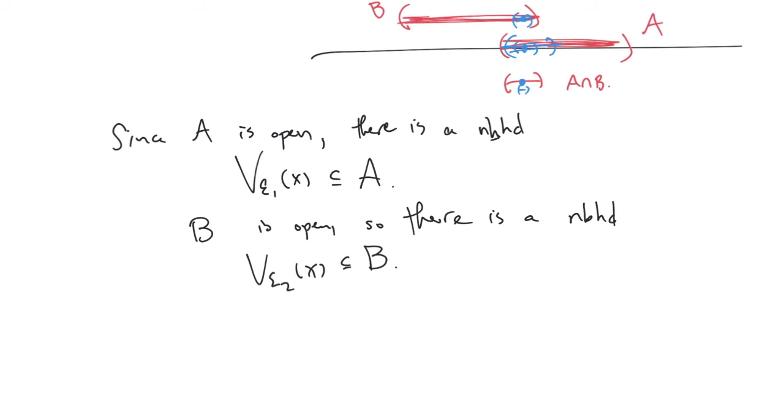So I'm going to say something like, let epsilon be the minimum of epsilon 1 and epsilon 2. Or you could just say, choose the smaller one as your epsilon.